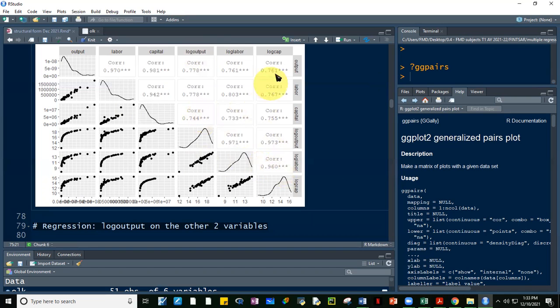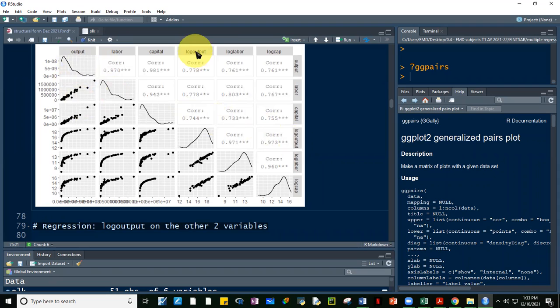I'm sorry about that, guys. Log output. Okay, na-confuse ako dito sa diagram na to. Okay, so you have output, labor. Kasi ito yung log output natin, ano, guys?